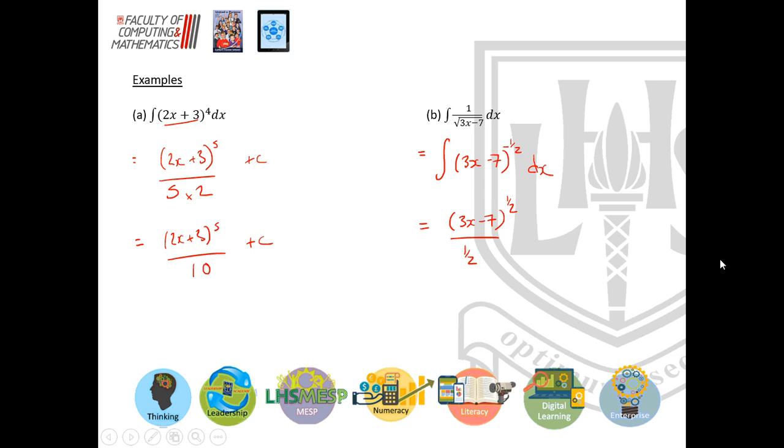You then go back into your bracket and differentiate, which gives you a 3, and you're dividing by that 3, so there's an extra factor of 3 on your bottom line, and that's plus c. Now that becomes (3x - 7) to the power of a half over 3 halves, plus c. When you're dividing by 3 halves, remember you're just multiplying by 2/3. So it'll be 2 times that bracket square rooted over 3, plus c. Job done.